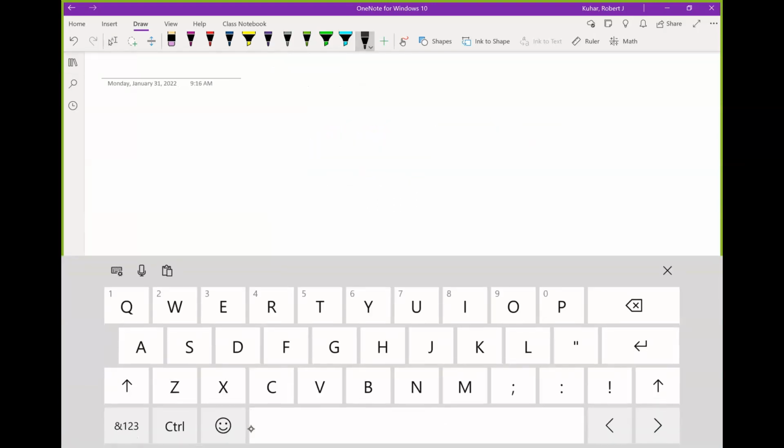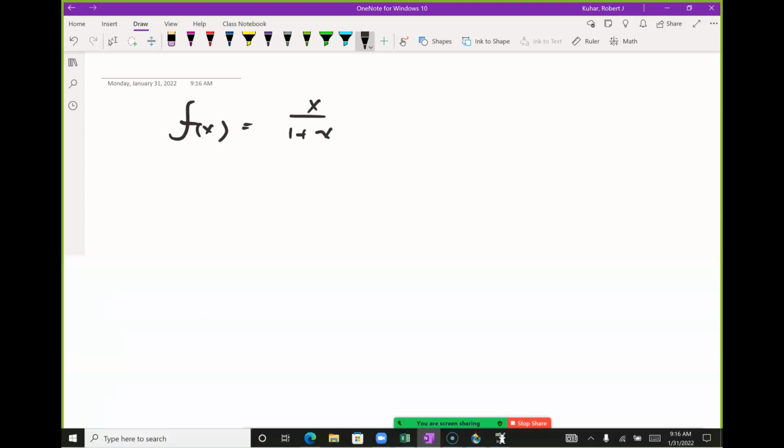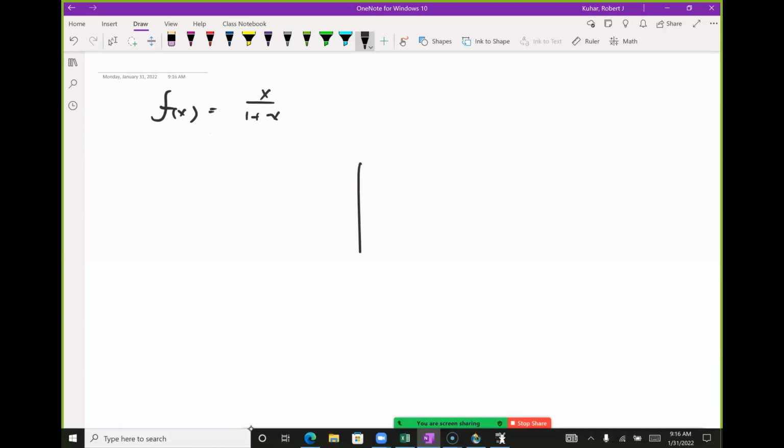So I want to look at this function f of x equals x over 1 plus x. By the way, if you don't know what that looks like, you certainly could graph it.